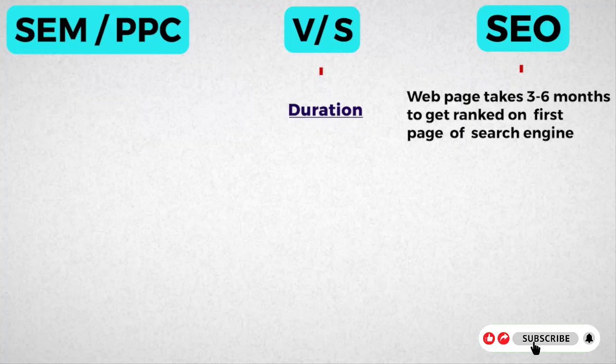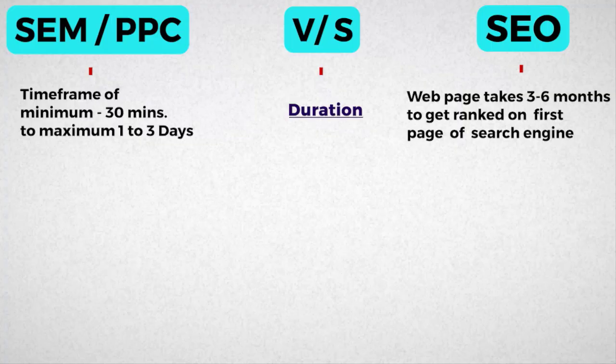Against that, when you compare that with SEM, once you start the whole process, it takes a time frame of just around 15 to 30 minutes at a maximum, or around 1 to 3 days.